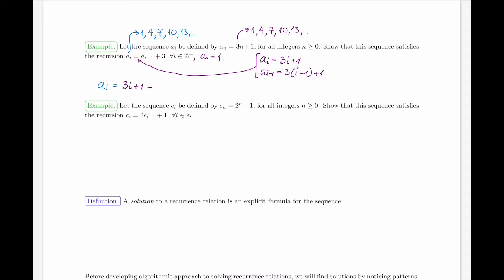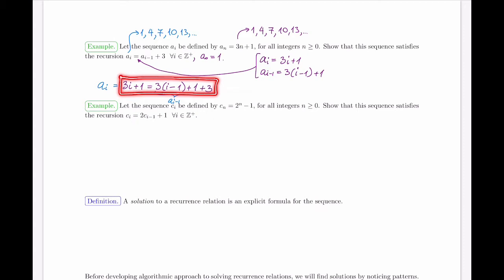So let's write that out: 3 times (i minus 1) plus 1. This is my a_{i-1}. I still need a plus 3, so I'm going to add that on, plus 3. Excellent.